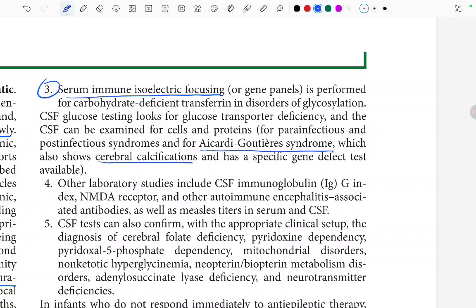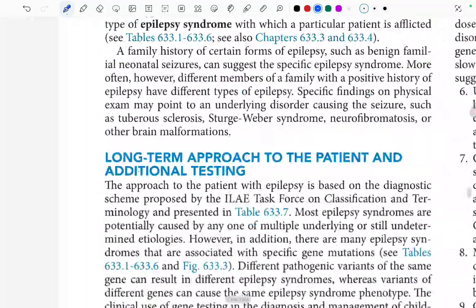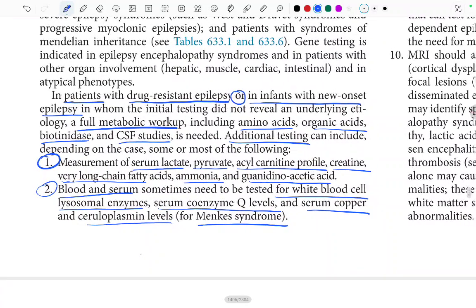So these are the things that we are now reading. They are all additional tests for when the initial testing did not find anything, but the patients are drug resistant, and infants with a new onset epilepsy syndrome, infants less than 1 year. In those we are doing these additional tests. First, we did the serum lactate, pyruvate, acyl carnitine profile, creatine, very long chain fatty acids, ammonia, and all.